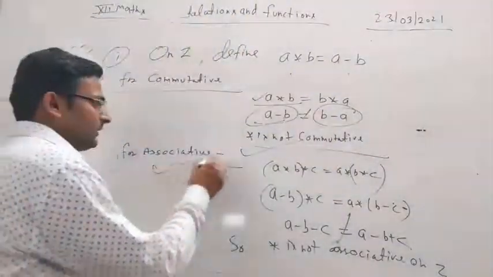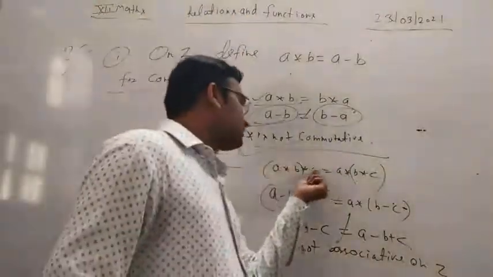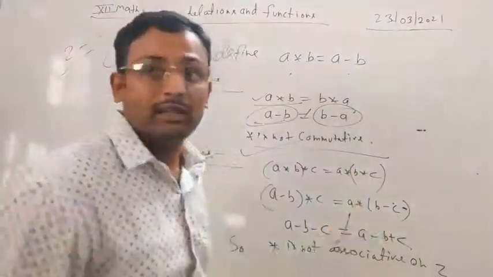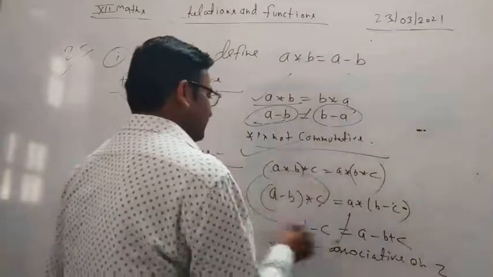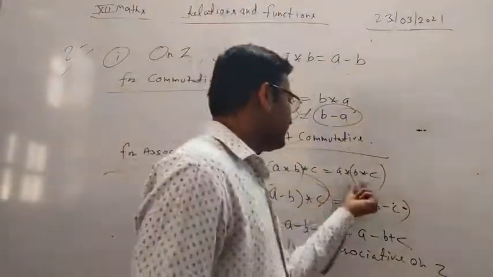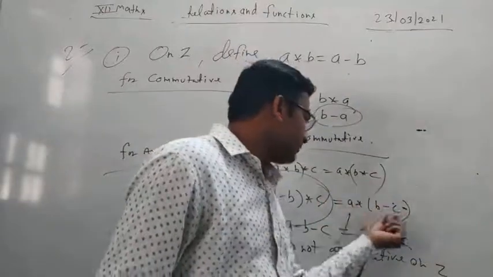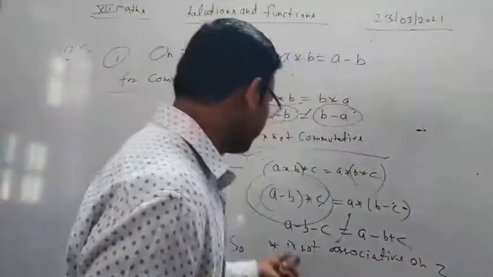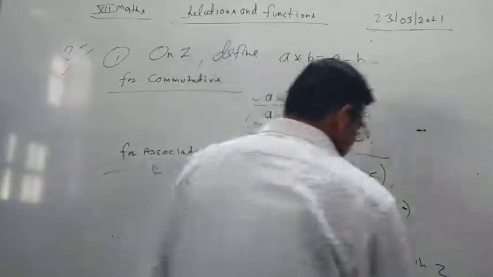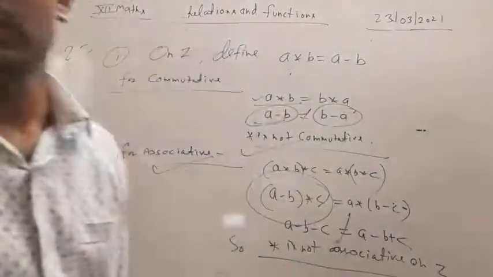Okay. Similarly for associative, A star B star C should equal A star B star C. This we have to check. Here A star B is A minus B, and B star C is B minus C, so A star B minus C gives A minus B plus C, and the other side gives A minus B minus C. This is not equal to this, so star is not associative.